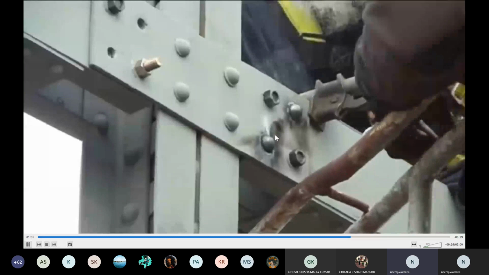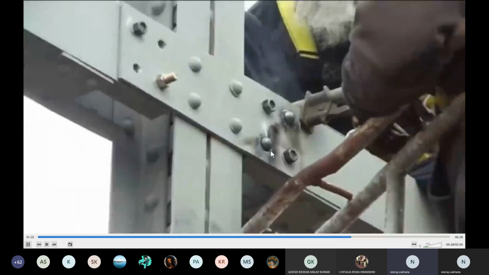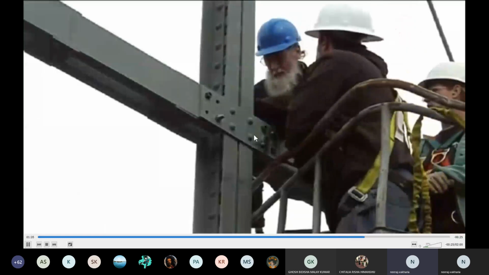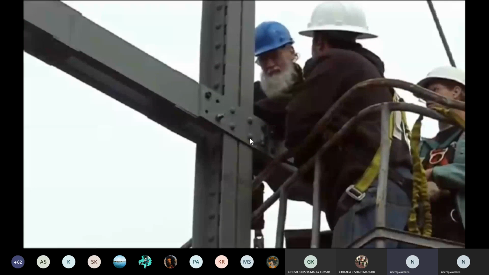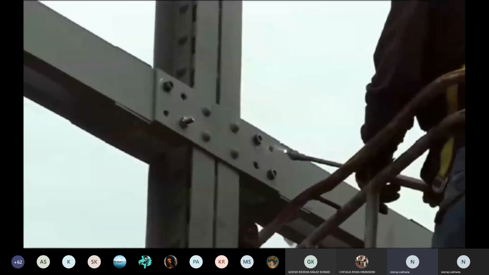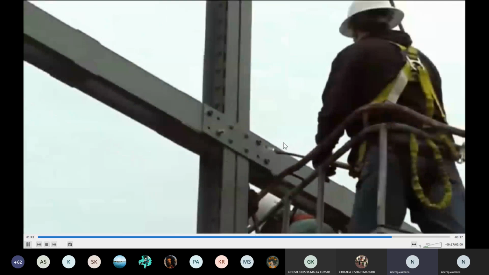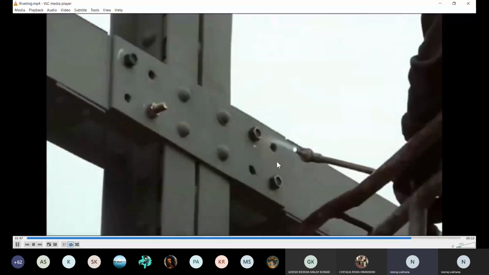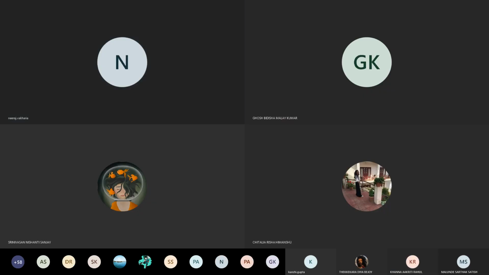Again, if you can imagine the maintenance, to check and inspect these rivets and to replace them, you will require skilled labor, and it's a bit complicated. So the best practice is to use bolts.